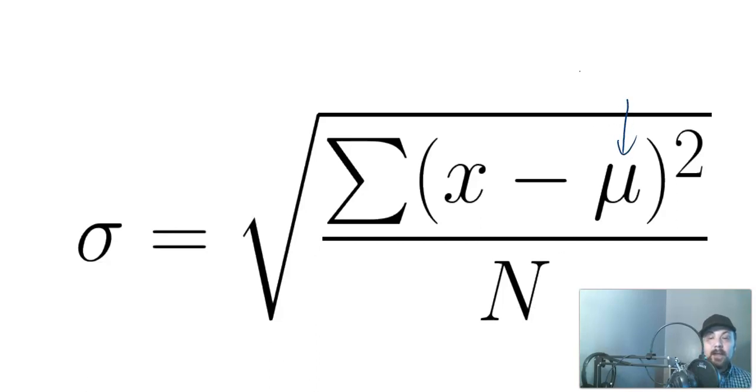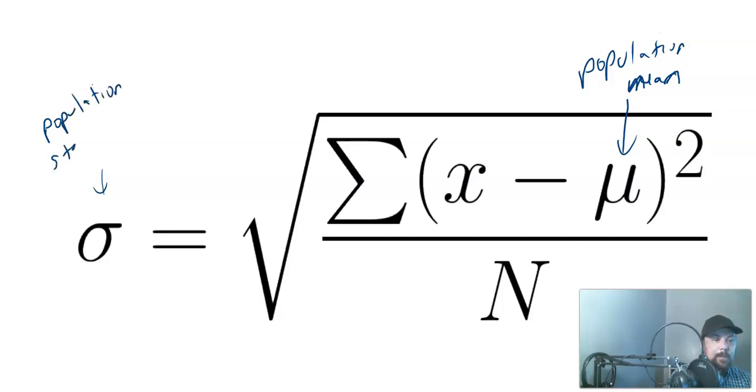Remember, mu is the symbol for the population mean. But you're going to be doing the same thing. I'm sorry, I'm doing a horrible job of writing. So this is your data values minus the population mean squared. You sum up all those results, divide by n, and that gives you your population standard deviation, which is represented with this kind of funny symbol, which is actually a sigma.